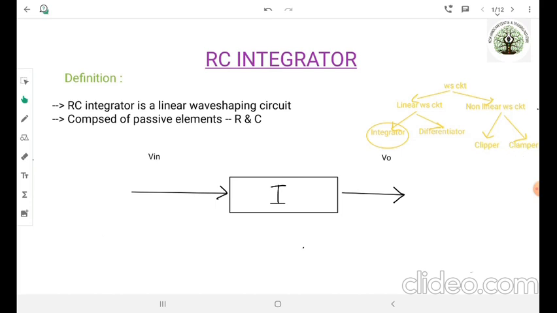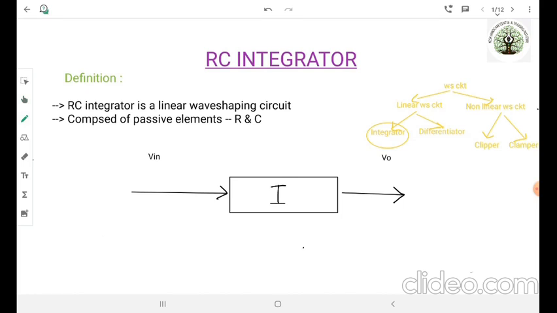In this video, I am going to explain the integrator circuit, the RC integrator. As we know, it's a linear wave shaping circuit composed of passive components, resistor and capacitor.